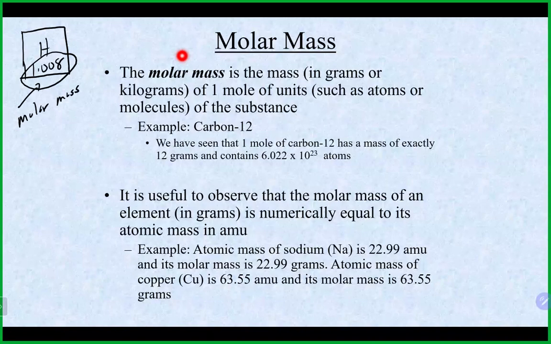We oftentimes use it from the periodic table as the molar mass because, again, it involves a unit that's more usable for us. And just like atomic mass, if you need to go to the periodic table, typically speaking, 4 significant figures is what you want to pull off of the periodic table. What are the units of molar mass? The units of molar mass are grams per mole.